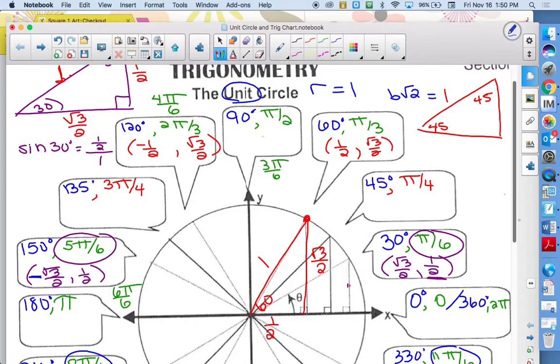Which means if I divide by the square root of 2, I have 1 divided by the square root of 2, which is really the square root of 2 over 2. Every 45, 45, 90 triangle has the same exact values. So my x is the square root of 2 over 2, the y is the square root of 2 over 2. Because I'm doing the same thing to go over and up since the opposite and adjacent sides are the same.